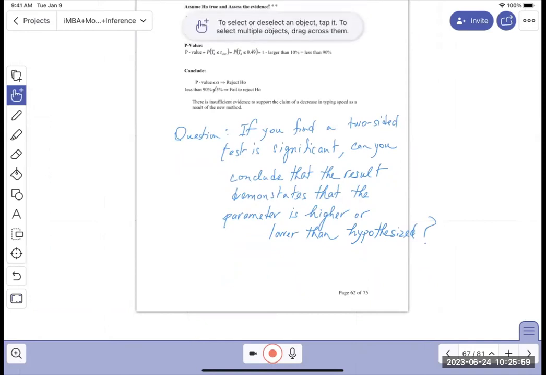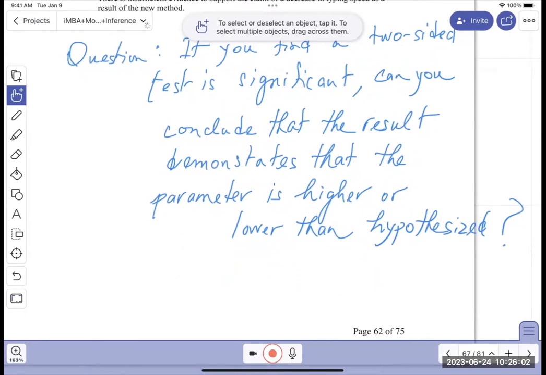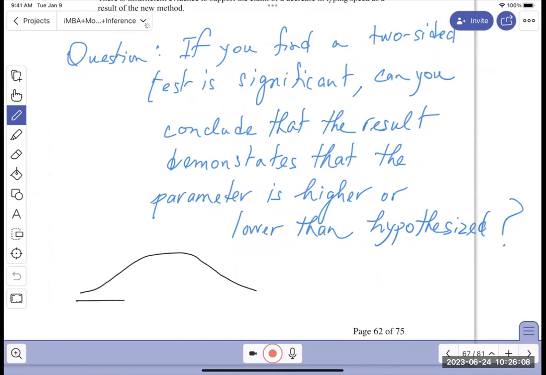So what I'm getting at is, if you found a two-sided test is significant, whether it's Z or T, you fall in this region.